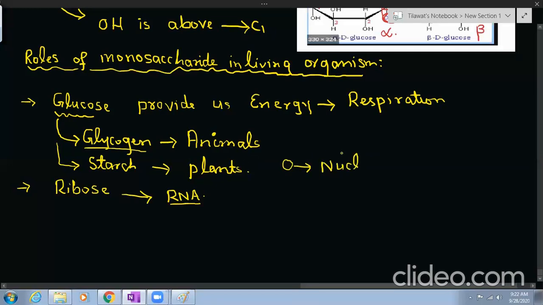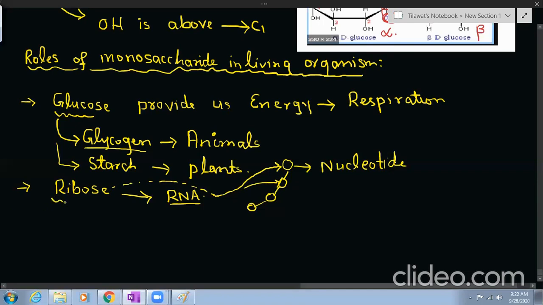Nucleotide. So several nucleotides will form what? RNA. This ribose sugar is a component of what? Nucleotide.